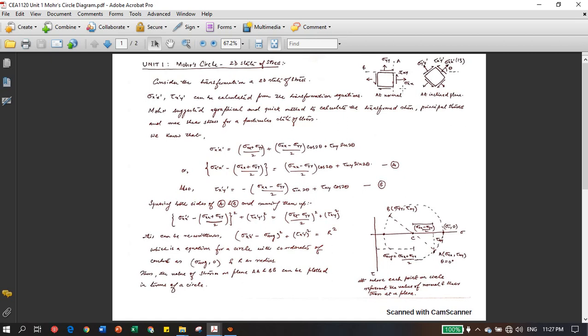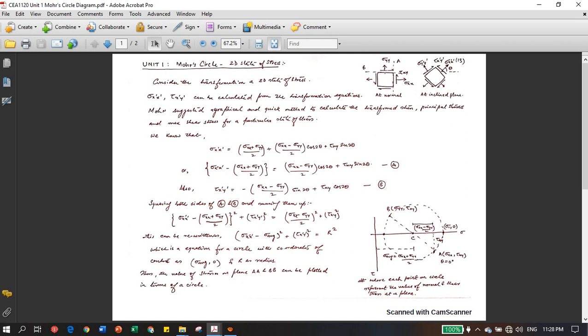In this positive x plane, this will be positive and this is positive. In this plane, we take anti-clockwise positive. So anti-clockwise shear stress will be positive and clockwise shear stress will be taken as negative. This is how we draw it. So you have to just plot these ordinates: sigma xx, tau xy, and sigma yy, minus tau xy.